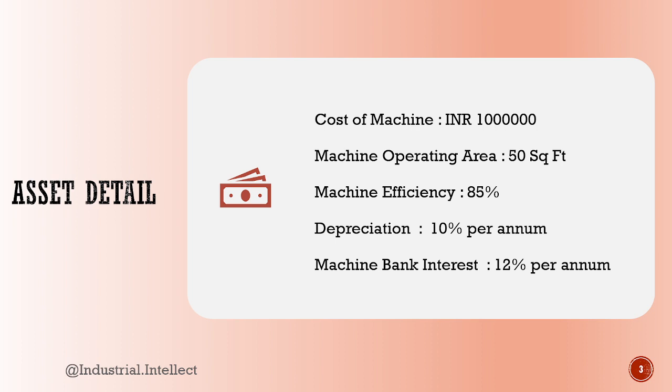Then the second is depreciation. Here I have considered the life of the machine as 10 years. If a machine's life is 10 years, it means that in a year 10% of the cost will be depreciated. Then the machine bank interest would also be there.